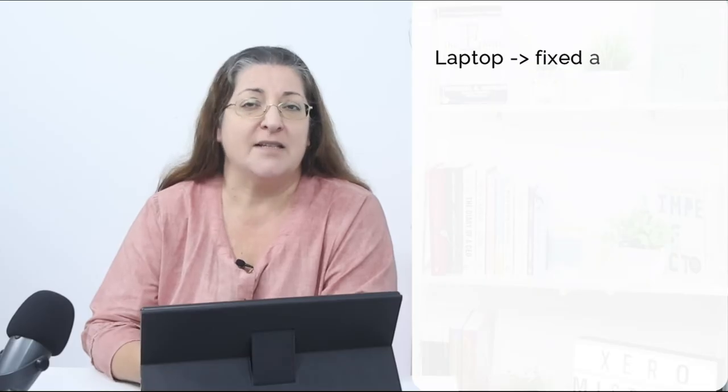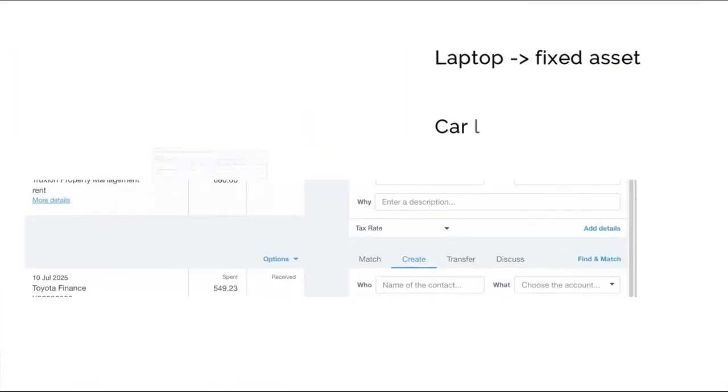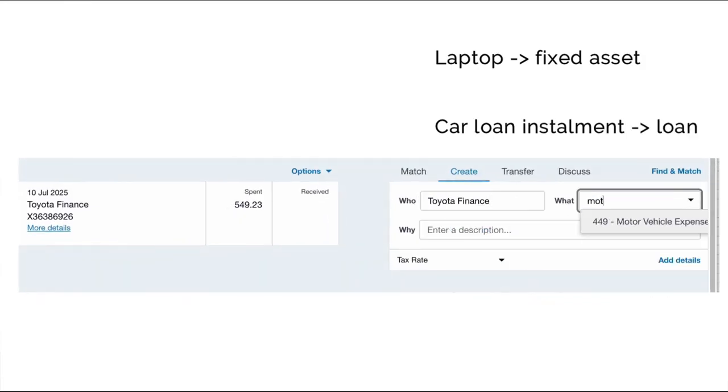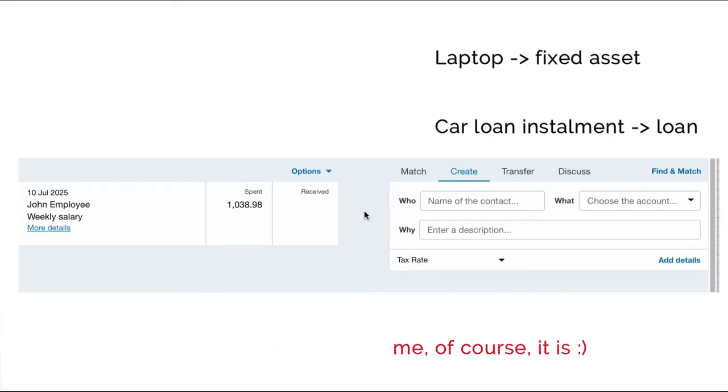But for example, if you are allocating a laptop as an office expense instead of an office equipment, that is a fixed asset, or when you're taking up your car loan repayment as an expense rather than allocating it against the loan account, that will alter your profit and therefore your taxable income.